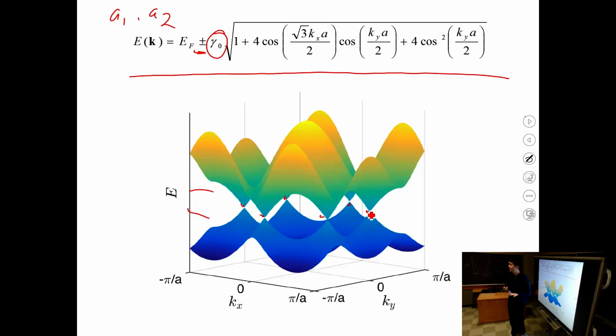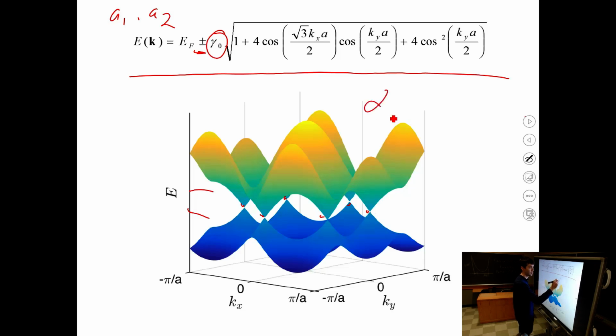So at these corners, remember I told you, at the edges of the Brillouin zone, what all these models give you, the tight binding, the free electron, near free electron model, that at the edges of the Brillouin zone there is a gap opening in the spectrum. Well, in this case, in these particular 6 points, it is not happening.